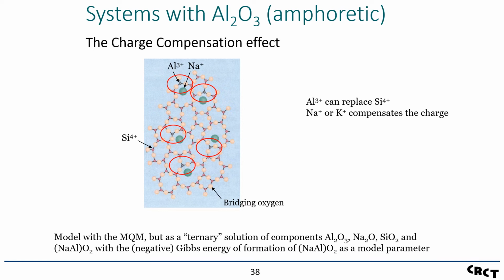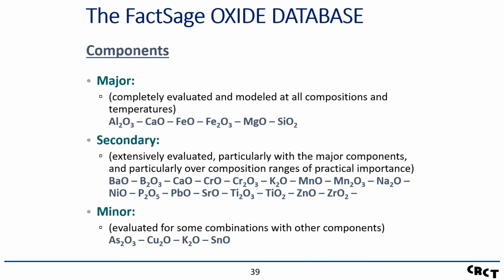So we model this now as the modified quasi-chemical model, but as a ternary solution of the components silica, sodium oxide, and NaAlO2, with the negative Gibbs energy of formation of NaAlO2 as an additional model parameter. Doing this, we have managed to add sodium oxide and potassium oxide to the Oxide database.